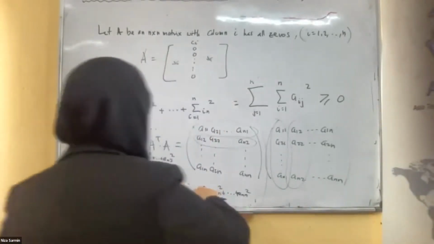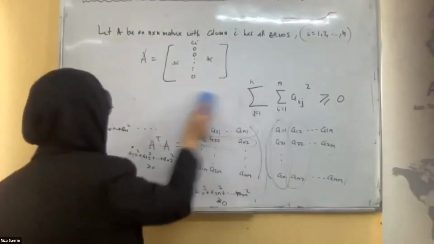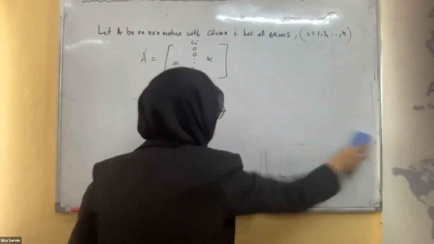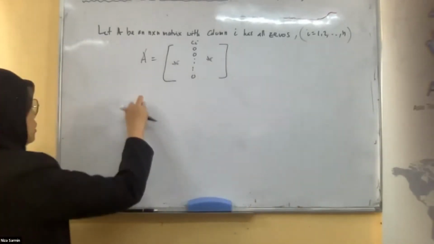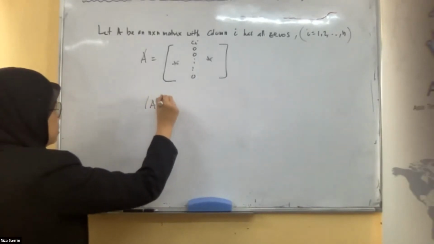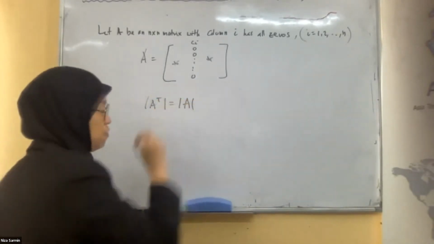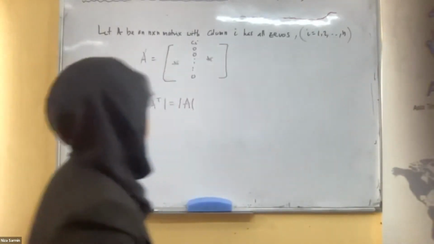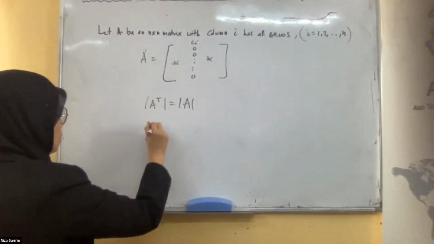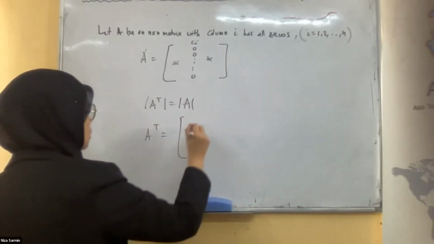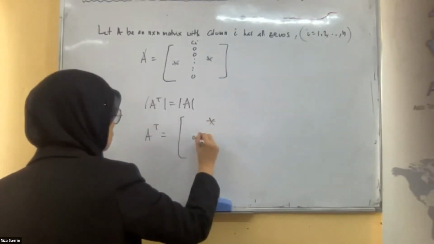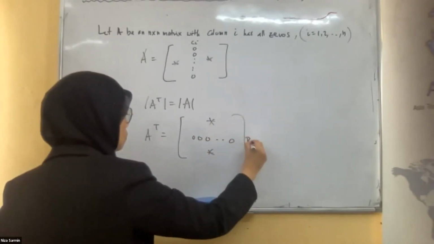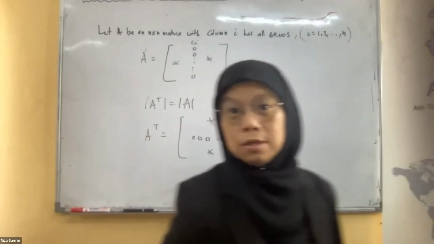You will write, from the property of the determinant of the matrix, the determinant of A transpose is the determinant of A, right? This is what we have. And from this, you get the transpose, then you will get row i to be all zeros.